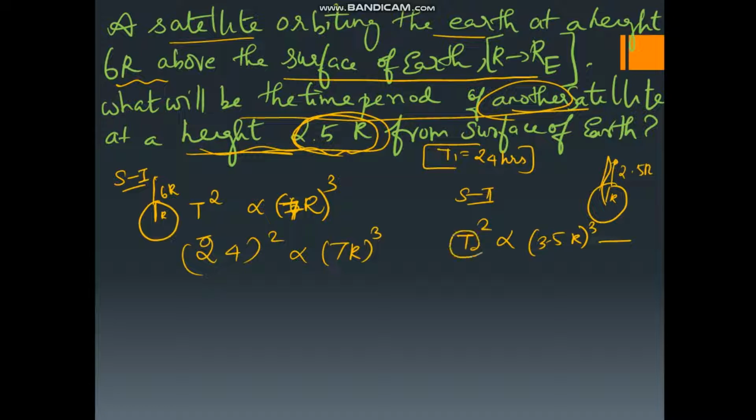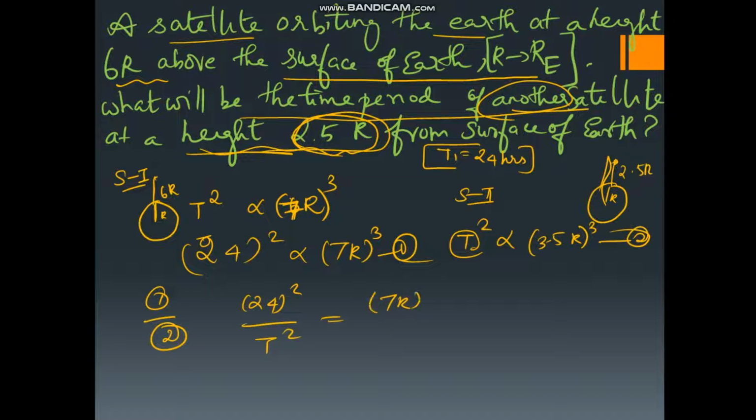This T value we want to find. This is the first equation, this is the second equation. Now dividing 1 by 2, 24 the whole square divided by T square is equal to 7r the whole cube divided by 3.5r the whole cube. The value of T comes out to be 6 root 2 hours.